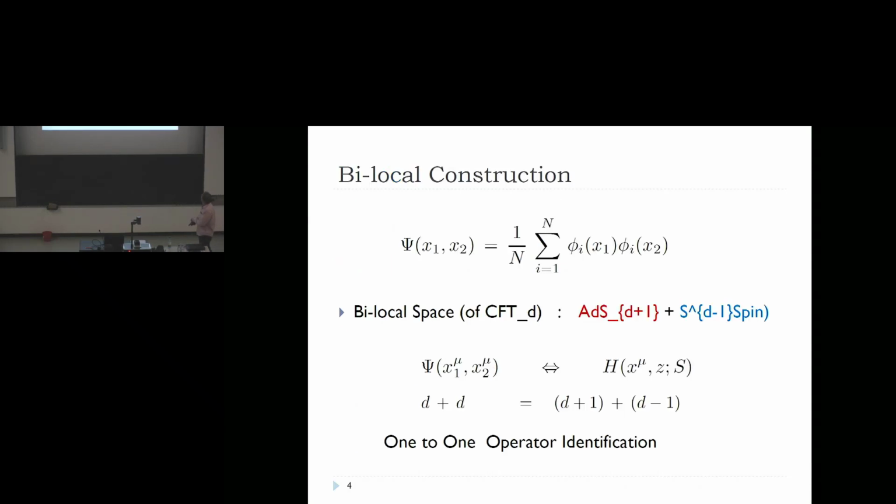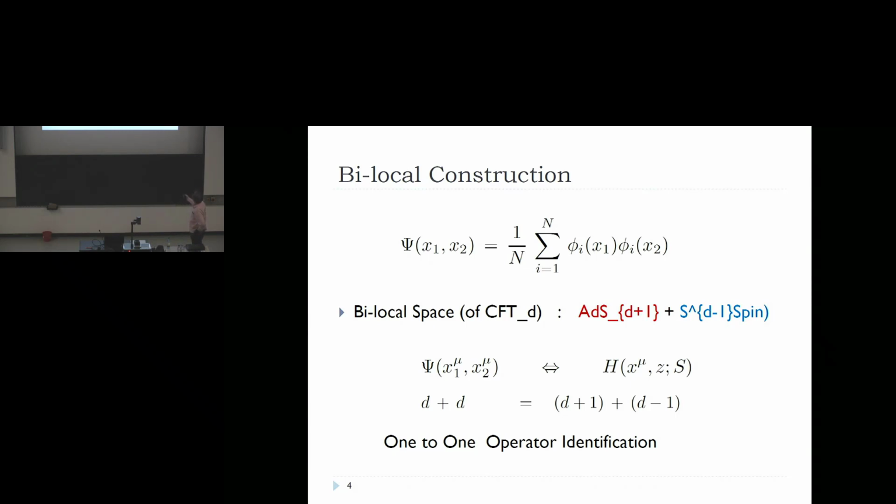The idea is brutally simple. It's just the statement that invariant bilocals for these vector theories, which are really all the invariant operators in the theory, contain the information about the bulk, and that there will be a bilocal in correspondence with higher spin fields.